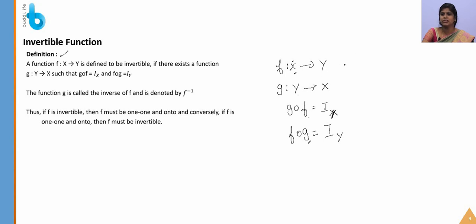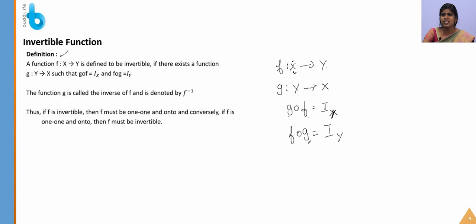F is invertible. So, let me explain again. F is a function we can say to be invertible only when there exists a function from Y to X. If f is from X to Y, its inverse function should be from Y to X, and there should be a condition that g composite f should be the identity in the domain of f.